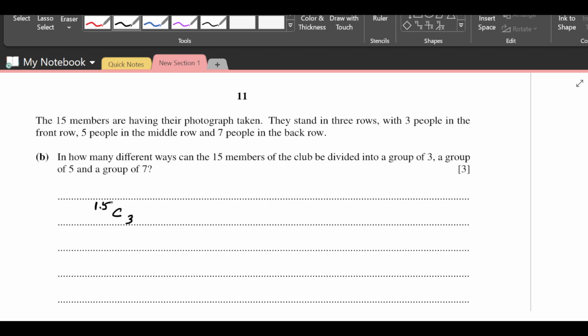Then once 3 members are selected, I have only 12 members. So out of 12, this time I will make a group of 5 people, and then the remaining 7 people will make a group of 7, so that is going to be 1 only.